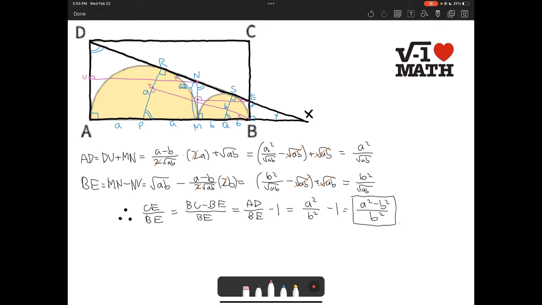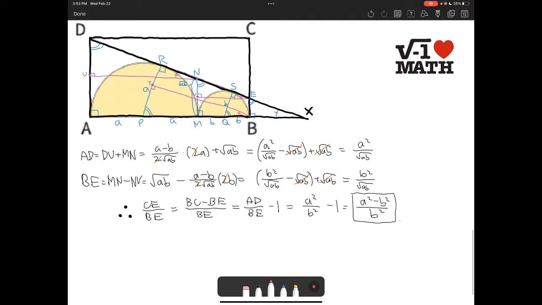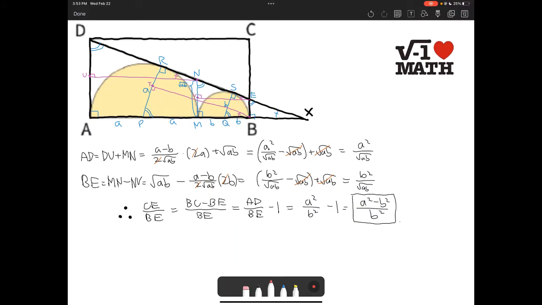So, now we're going to do a few more things. As you can see, this is quite complicated, but basically, we've introduced a lot of new points here. R is the base of the perpendicular onto XD, where X is the intersection point of the two lines, DE and AB.